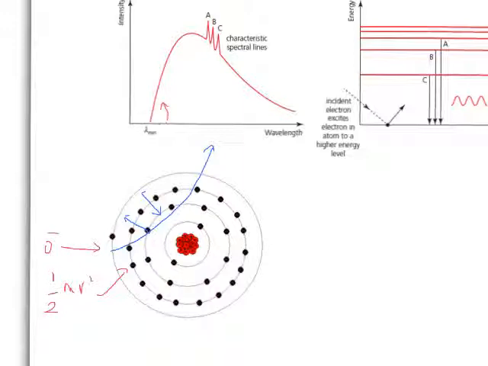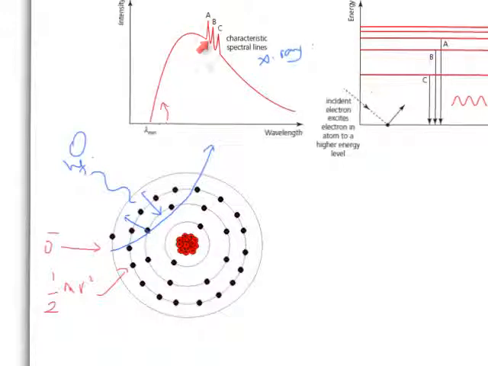When this happens, and we've looked at this in energy levels, and we'll look at that in a second again, when it comes back down to its original orbital, it gives off a photon. And that photon is also inside the X-ray range. So what happens is your electron gives off all of these different wavelengths of X-rays as it goes through the atom.